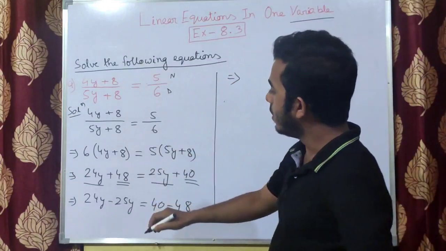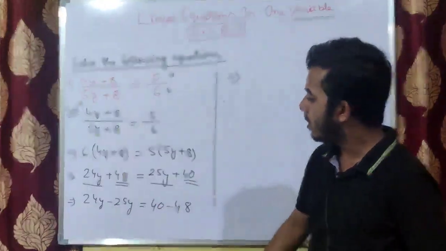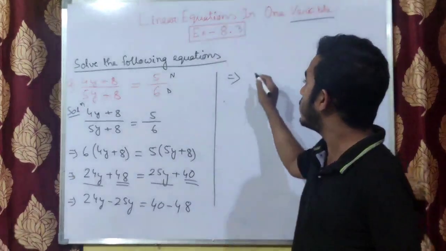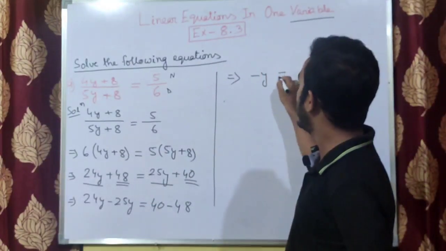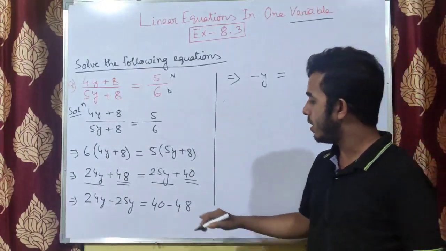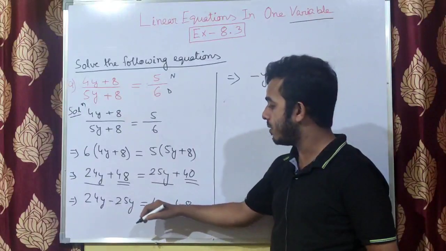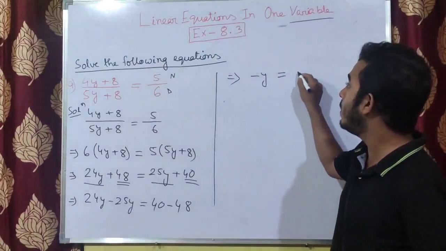Look, now 24y minus 25y is how much? 24 minus 25 is minus y, then equal sign, 40 minus 48. How much? This is plus and this is minus, and the sign will be that of the greater one.